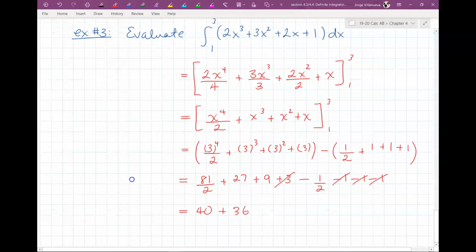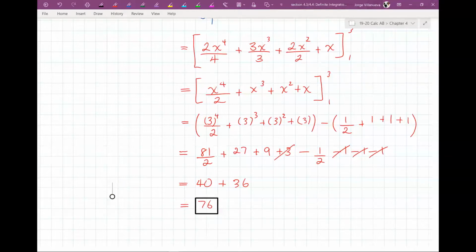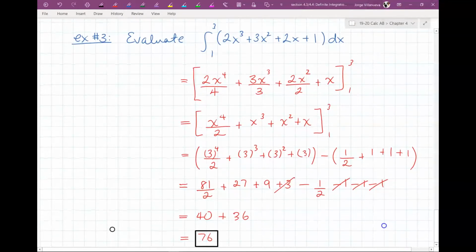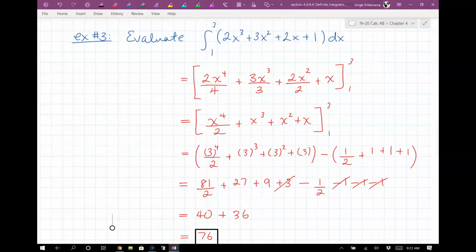And 40 plus 36, that's 76. So there's my integral value, 76. That's the area found under that curve, 76 units squared. So if you were to graph the function and plug in all your information, that area it shows you is actually going to be 76.